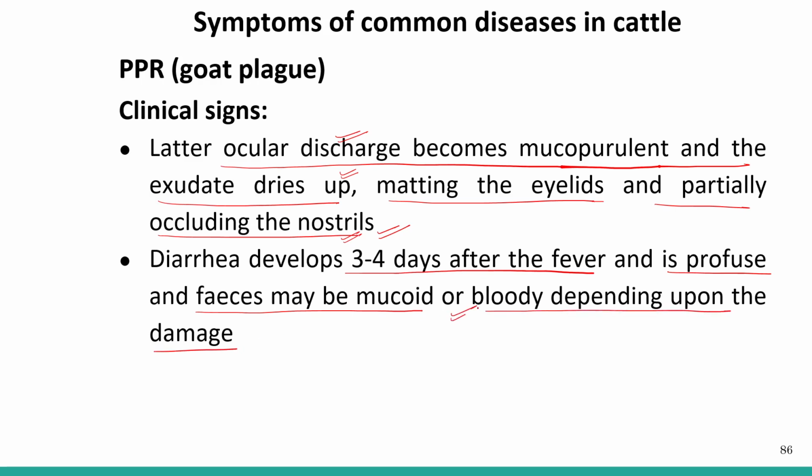Blood comes out along with the feces, and the diarrhea develops within 3 to 4 days of the high fever.